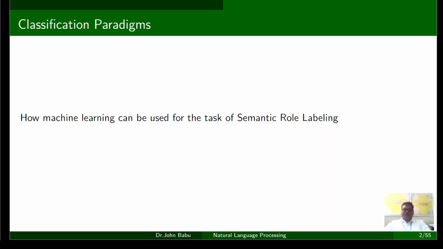Continuing our discussion on semantic parsing, after we have seen chunk parsing and dependency trees, we'll analyze how best we can use machine learning for the semantic role labeling process.